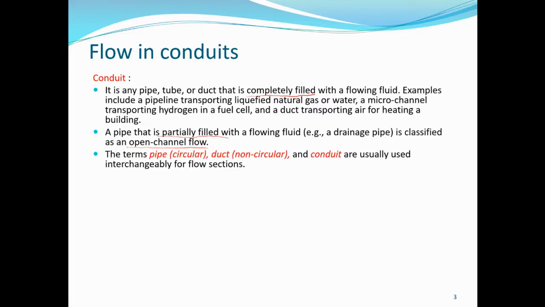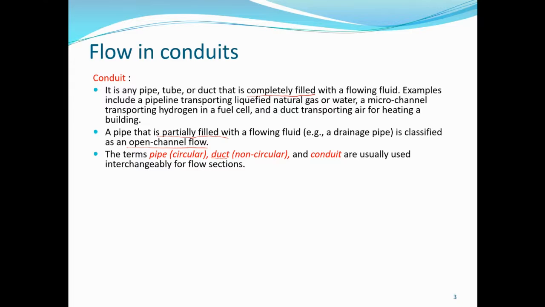The term pipe is usually applicable when the cross section is circular. If it is a non-circular cross section, you can have rectangular, square, and any other shape apart from circular, we call it a duct. Conduit and duct are usually used interchangeably for flow sections.